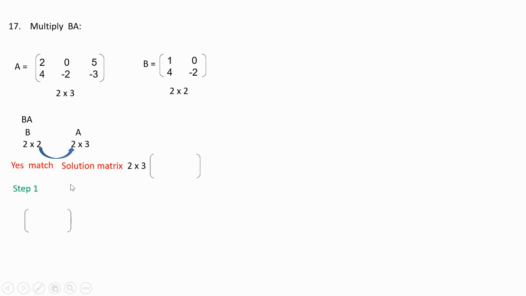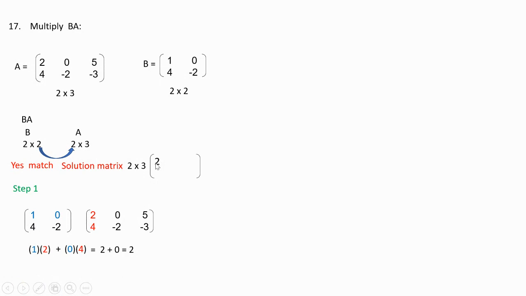Okay, we're going to do this in steps. The first step, I color coded the first row on matrix B, and I color coded in red on matrix A, because I'm going to multiply the first row times every column. So we have 1 times 2, plus 0 times 4. This gives us 2 plus 0, which is 2.